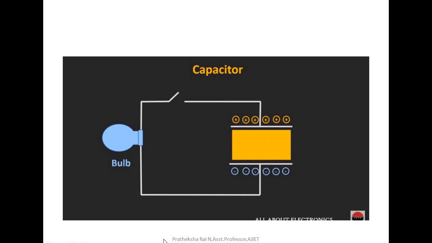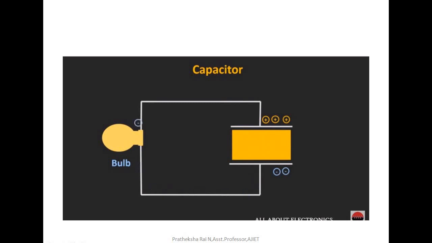So now whenever we turn on this switch, at that time the electrons from the bottom plate will get attracted towards the top plate, and in this way you will see the transfer of charge or flow of current through this conductive path. So now because of the flow of current, you will see that the bulb will glow.